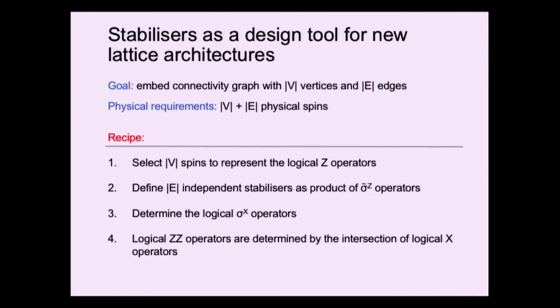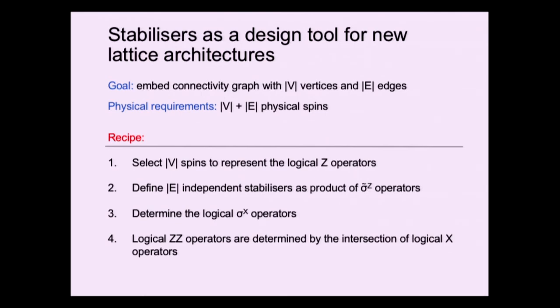Now, we can use these techniques of the stabilizer formalism to design new lattice architectures that have these interesting connectivities. So the goal is to embed the graph where we have V vertices and E edges. And in order to do that, we will require V plus E physical spins.